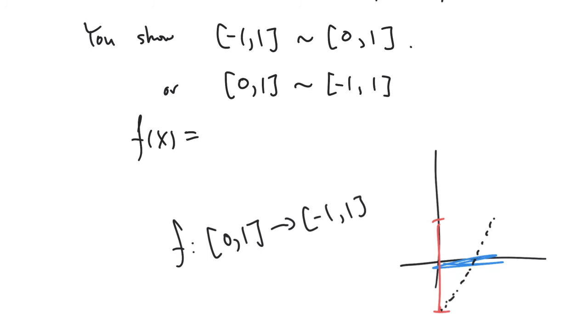X squared is not 1 to 1, because, like, minus 1 squared equals 1 squared.